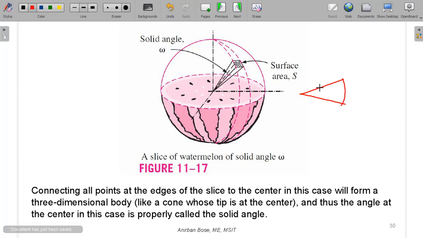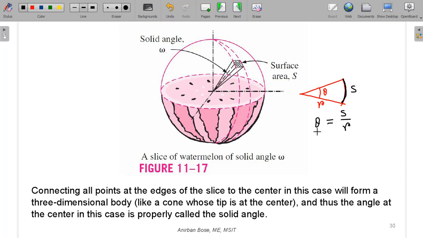In a 2D angle, we know, let us consider if this angle is theta, then if this radius is say r, and this length is say s, we know that this theta in radian is defined as this arc length divided by r.